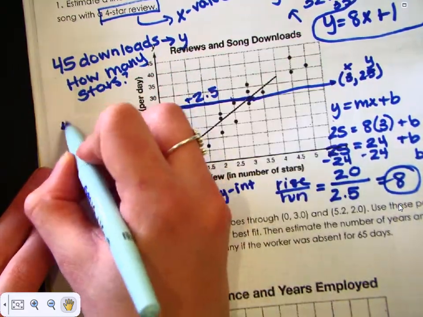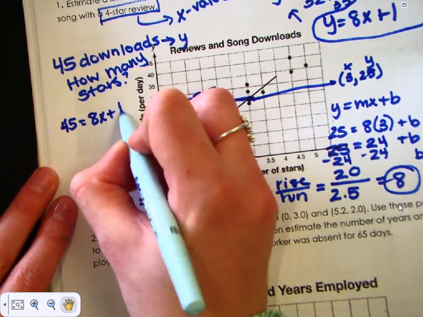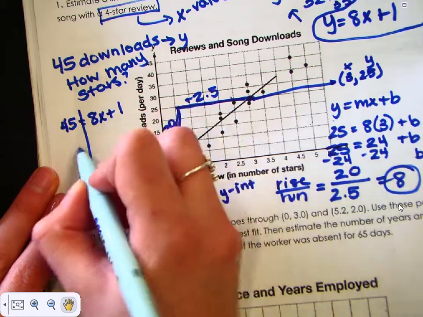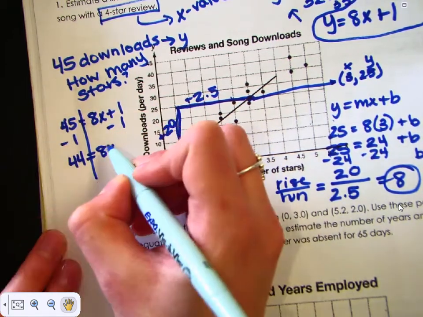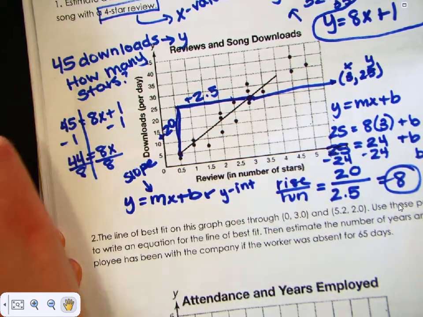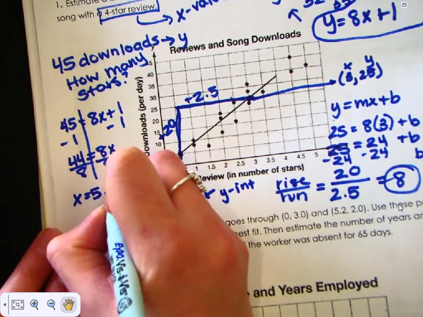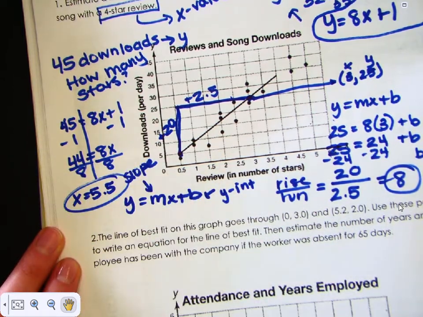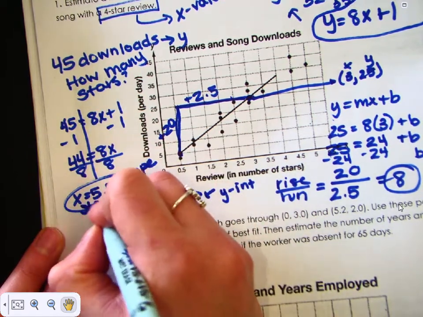So I'd actually put 45 in for y instead of x. So I'd have 45 equals 8x plus 1. That's my equation, and I solve for x. So I'd subtract 1 on both sides. I get 44 equals 8x, divided by 8. 44 divided by 8 is 5.5, so x is 5.5, so it'd have about 5.5 stars. Okay, so that would be going backwards.